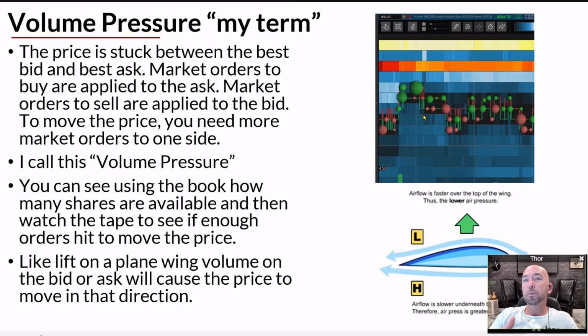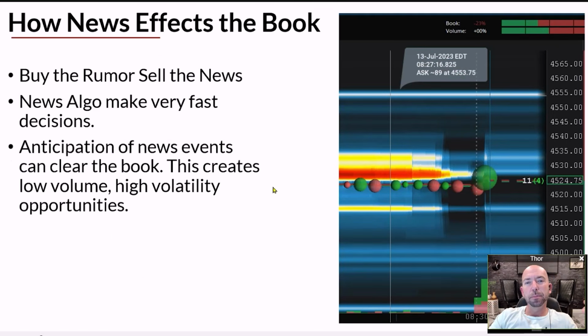Well, this works the same way in the market. When you have more orders hitting the ask and you have limit orders to the top side, this creates lift for the market. So it's not even an if or can, it's a will. If you have a strongly tiered order book to the top side and you see market orders coming in as buys, you're going to move up against those if that buy volume is substantial. So that really helps you out.